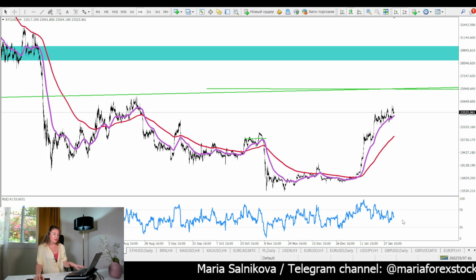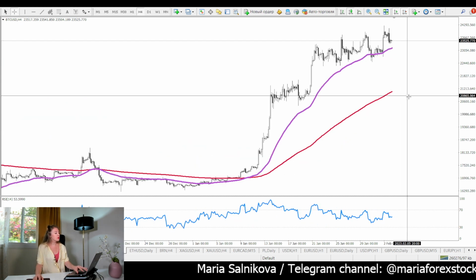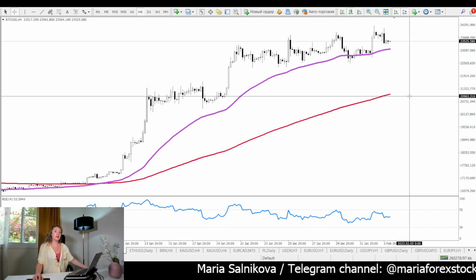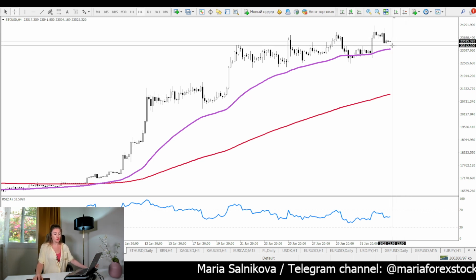So if it happens and Bitcoin goes to support and hits the 30 area and RSI on the 4-hour chart, yes, we'll get an entry point to buy with the target 26. So I don't discuss with you the opportunity to sell, but I'm trying to discuss with you the opportunity to find an entry point to buy. Okay. So right now I can't do anything. If I decide to buy, I should put the stop loss under the 23 area. Okay, it's not going to work for me.